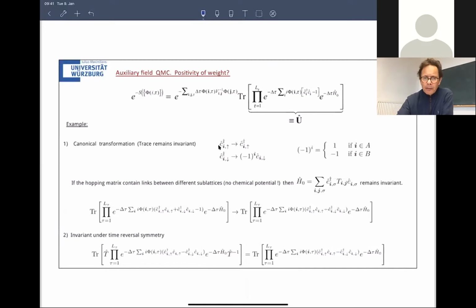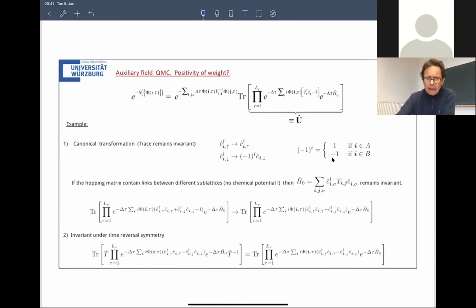I will assume that the spin up goes to the spin up, and the spin down goes to the hole down with a (-1)^i. (-1)^i is just a shorthand notation: if I separate my lattice into an A sublattice and a B sublattice, (-1)^i will be equal to 1 on sublattice A and -1 on the other sublattice B.